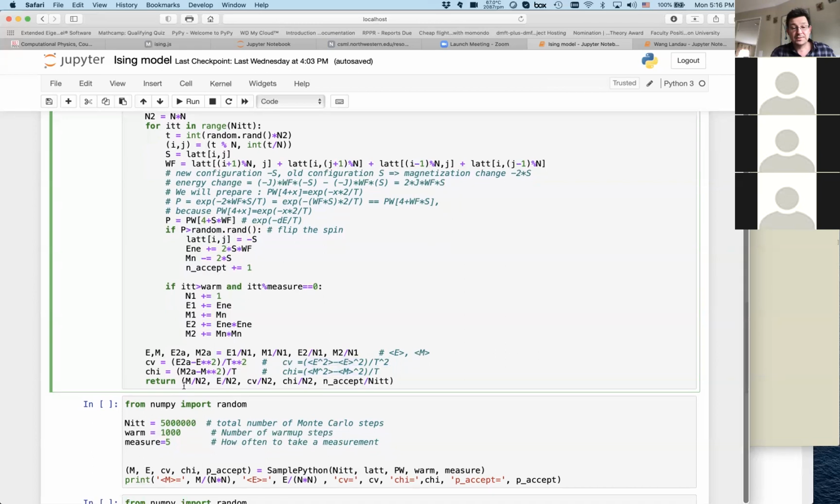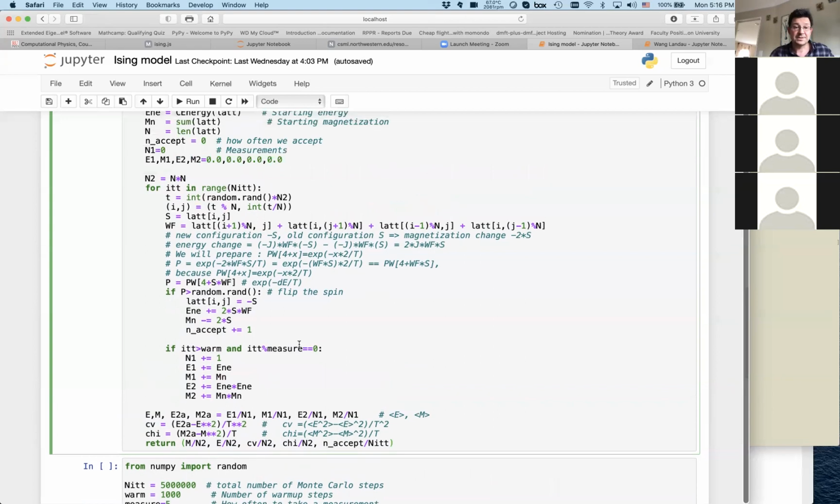Okay, so now what we return is the magnetization per lattice site, energy per lattice site, specific heat per lattice site, chi per lattice site, and the probability that we accept the step. Again, in the very last step before we return, we calculate all the quantities per lattice site for convenience, because otherwise the values would increase when we increase the number of lattice sites.